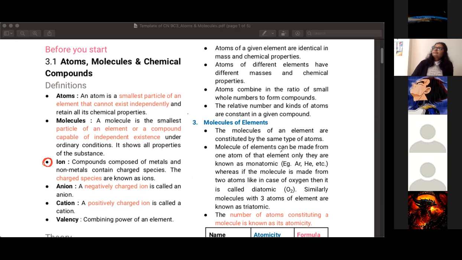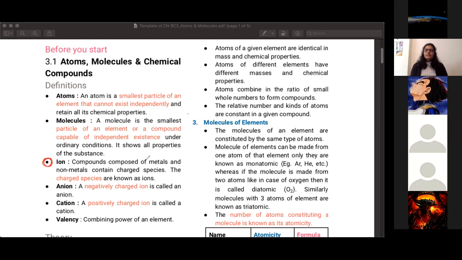Kind of, not necessarily a compound. Basically, any atom that has a charge. You have an atom, it's neutral, not positive or negative. But if that atom becomes charged, if it gets a positive charge or a negative charge, then we call it an ion. If it's neutral it's an atom, if it has any charge, it becomes an ion.